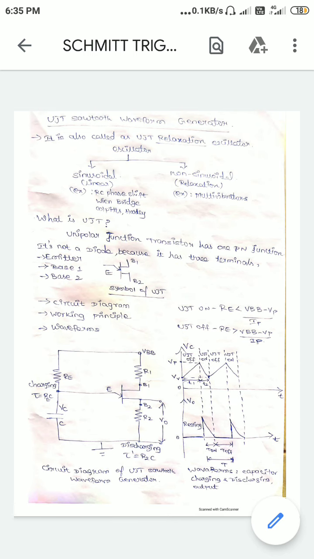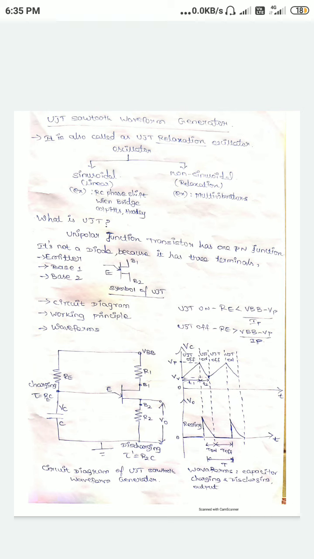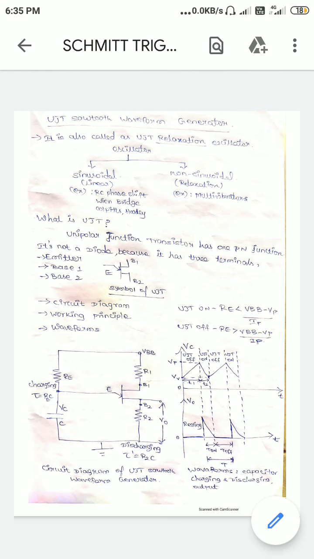Base 1 of the UJT is connected to VBB through the R1 resistor, and the B2 terminal of the UJT is connected to ground through the R2 resistor. Across the R2 resistor we are taking the output voltage V0. This is the overall circuit diagram of the UJT sawtooth waveform generator.